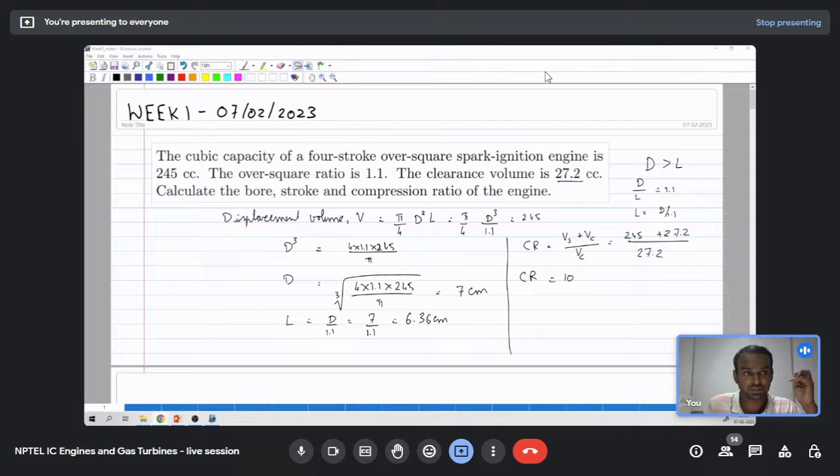So that's why we hear more sound from a diesel engine. Not directly the pressure, it's the rate of pressure rise that is very high.